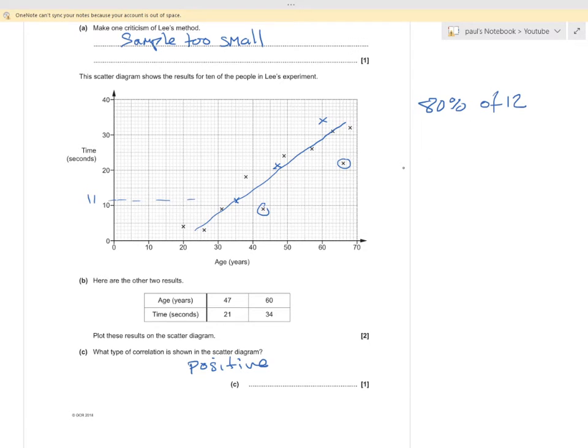So I'm going to do 12 times 80 divided by 100, which is 9.6 people. So if I go along at 9.6, that's the bottom 80%.